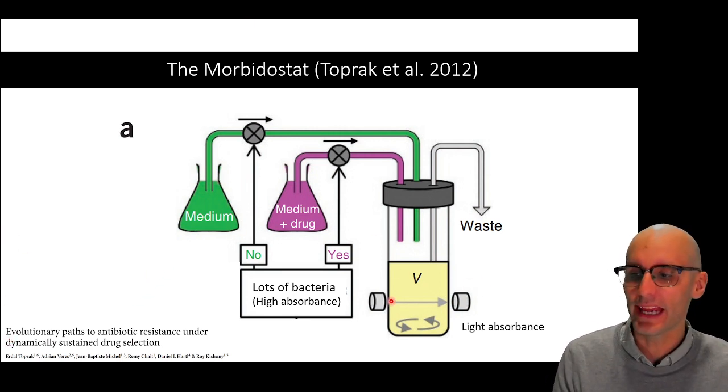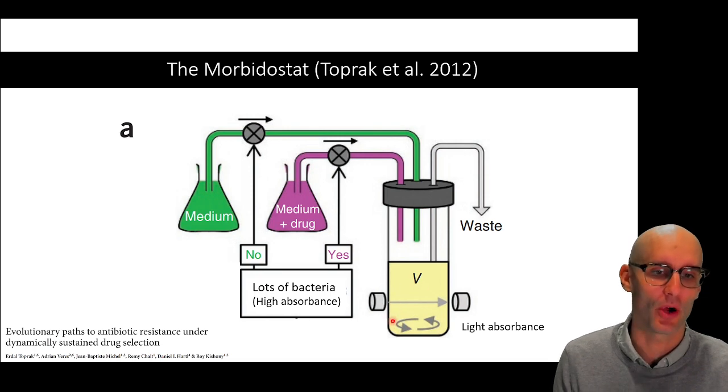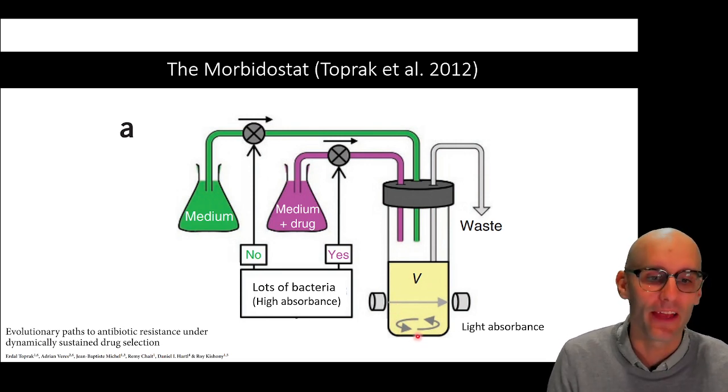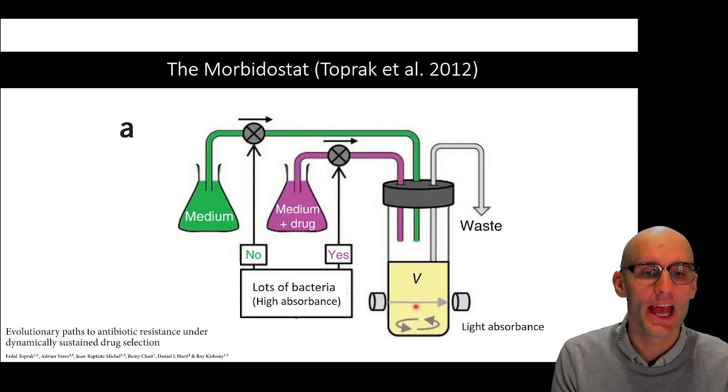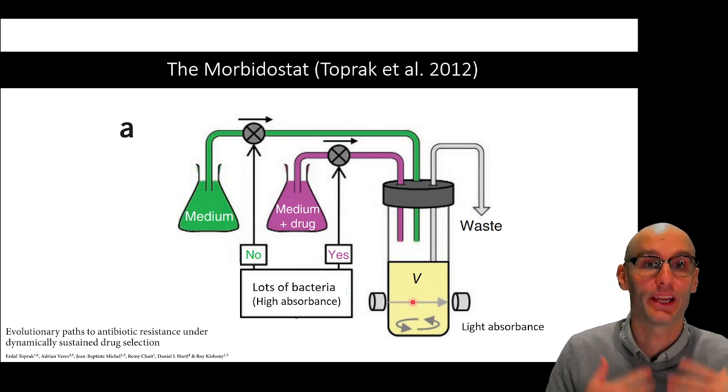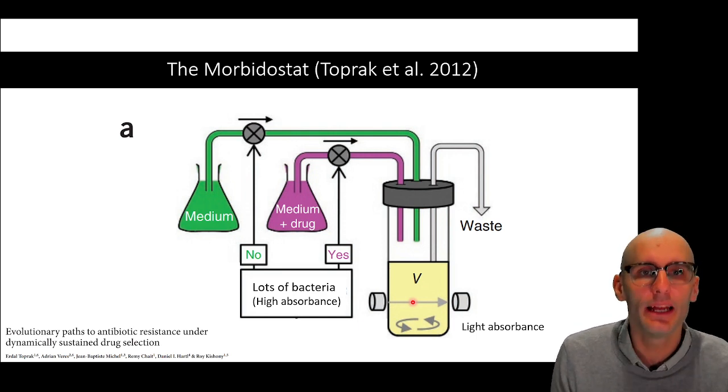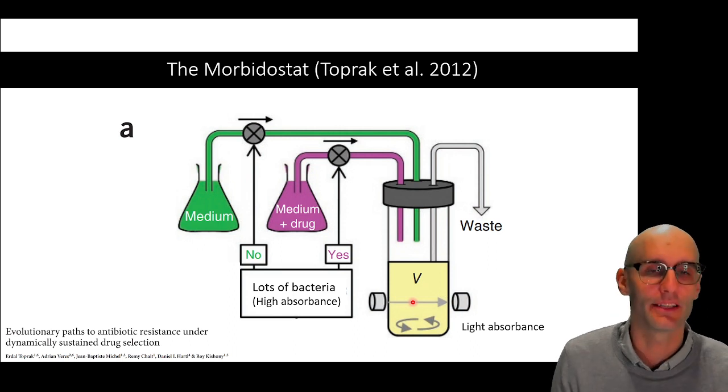Over here is where the bacteria are being grown. They're being grown in this chamber here, and they're going to be stirred, and they're just growing in a suspension in a nice brothy media with all the nutrients that the bacteria need to grow.